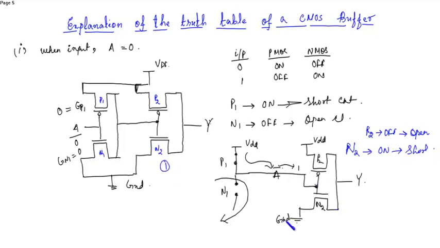So if I say this is the first stage and this is the second stage, then at the third stage PMOS 2 is open and NMOS 2 is closed, which is connected to ground, and this is the output Y. So this will cut off and the output will be the low voltage.